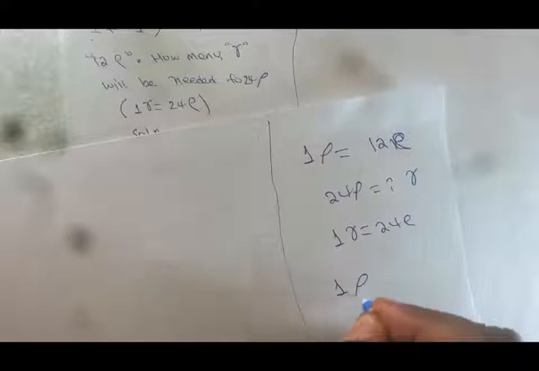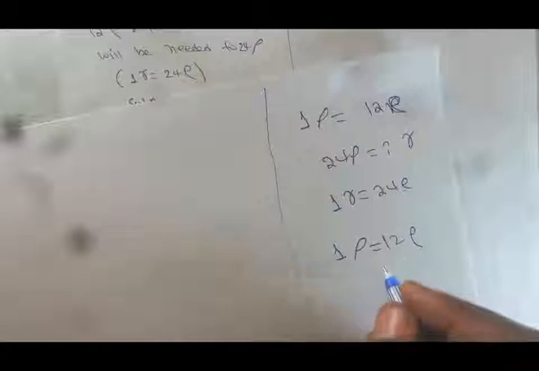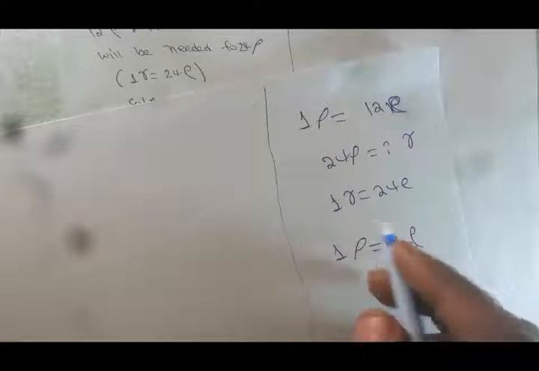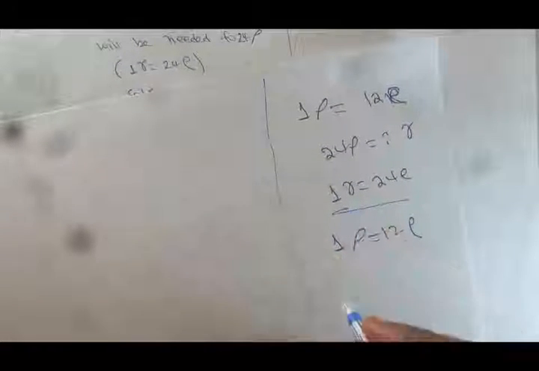The first thing we have to make, we know that 1E is equal to 12 times E. This also can be written from this equation as 1 rho is equal to 24 times 1 times E. Therefore, dividing by 24 on both sides, this cancels, and 1 E is equal to 1 rho over 24.